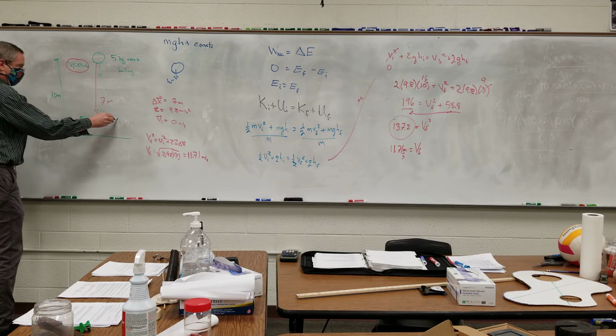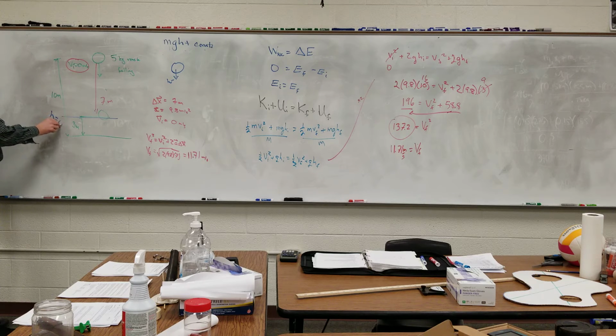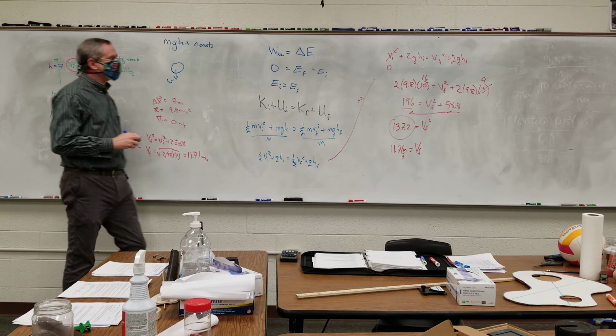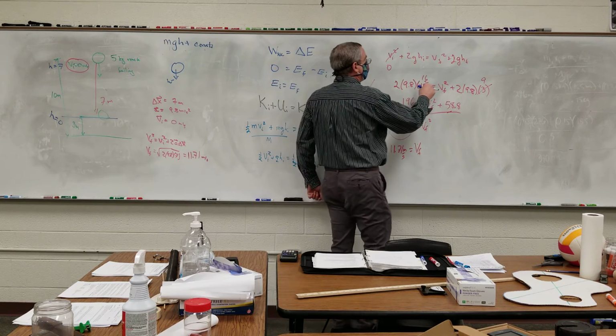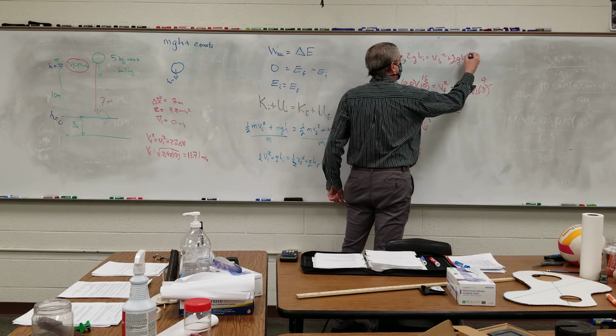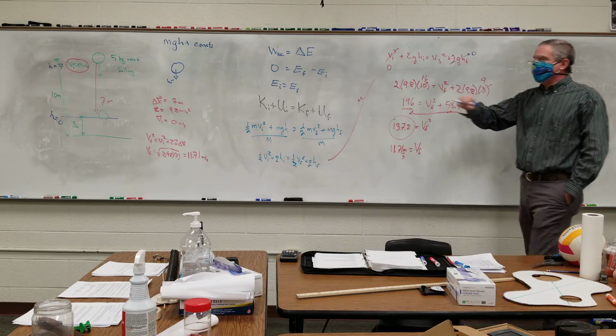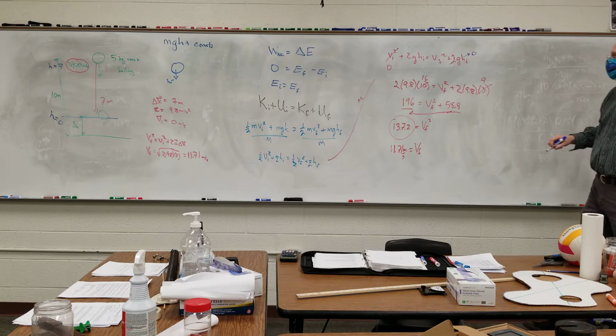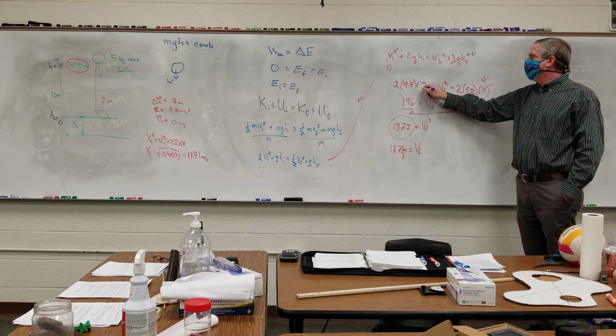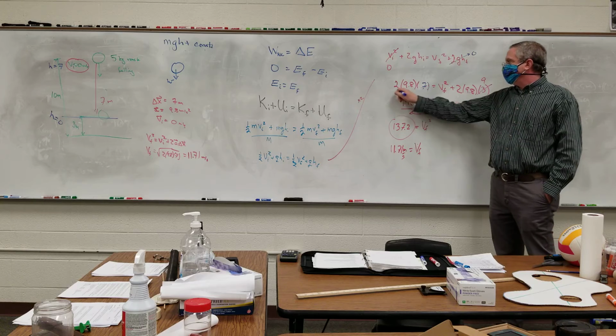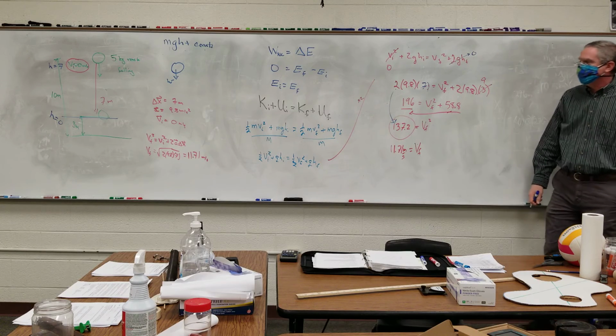So we can make h equal to 0 here, in which case this is h equal to 7. We can set height equal to 0 wherever we want. If we set height equal to 0 at the bottom of the problem, this becomes 7. And then that should jump us straight to here.